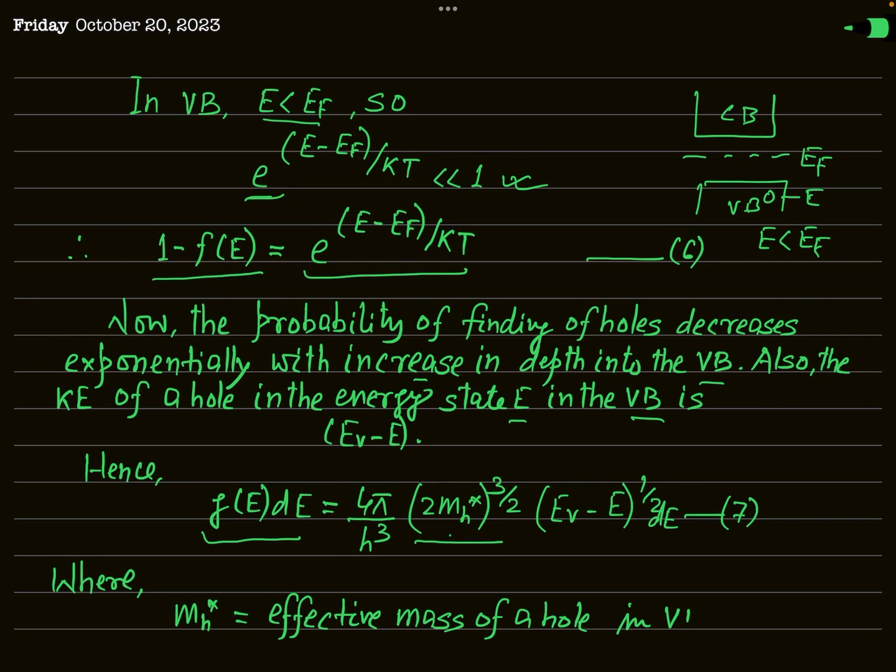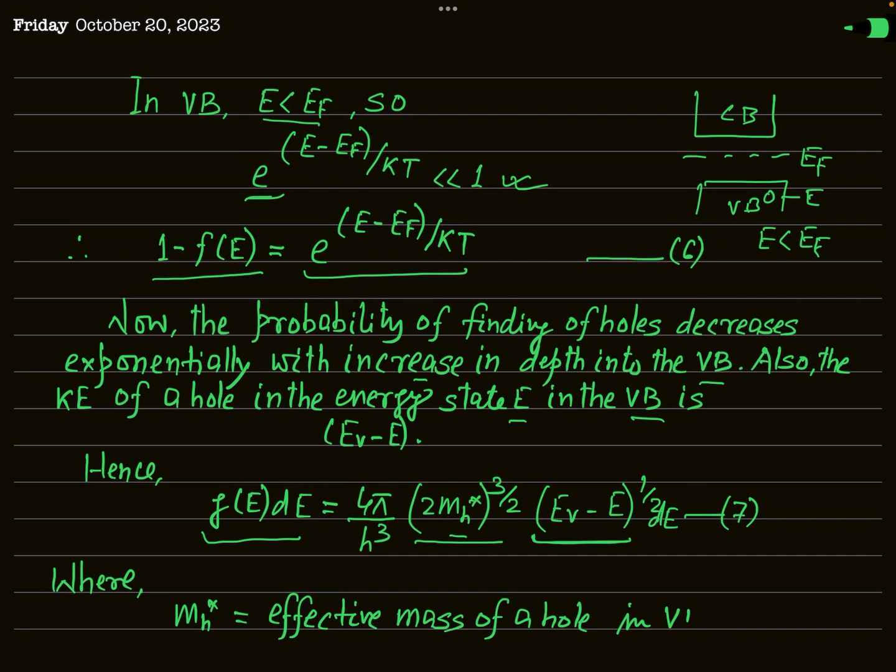But here we are talking about a hole, so we must take the effective mass of the hole in place of m. So I have written here mh star, mark it. And here there was E to the power half, where E was the kinetic energy of the particle, the fermion.